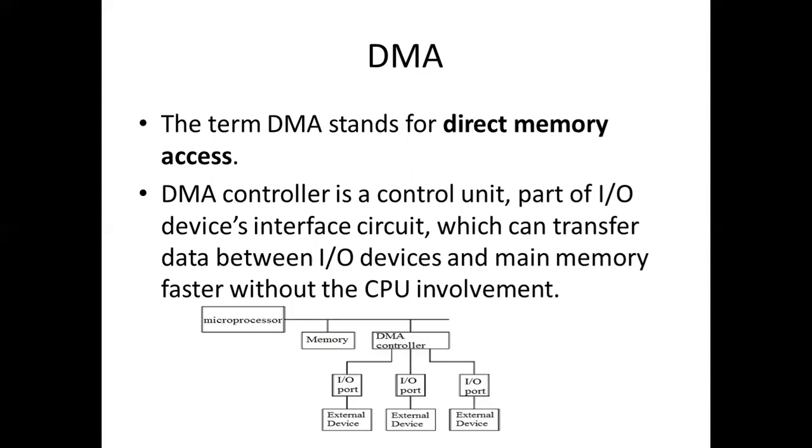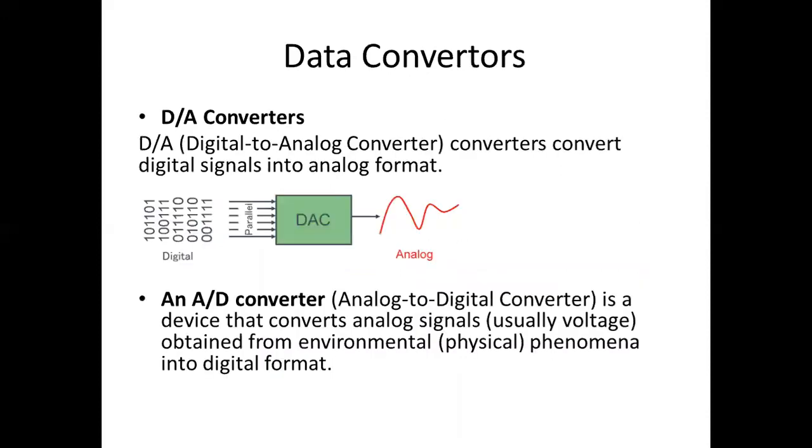So the last thing that we are going to talk about is data converters. When you are converting data from one signal to another, it works really between analog and digital signals.